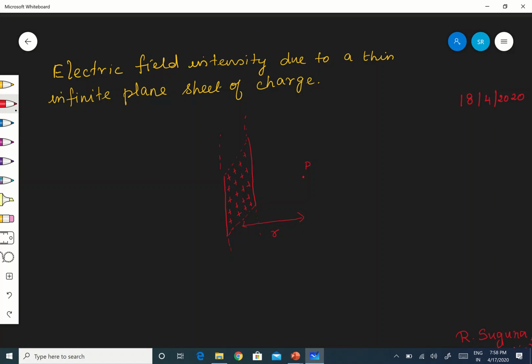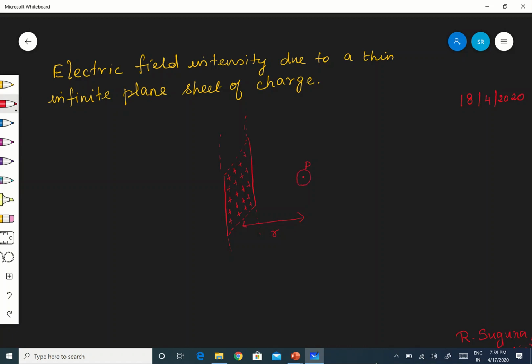Here the Gaussian surface is a cylinder. I imagine a cylinder of cross-sectional area ds, whose one end surface, P, is lying like that.